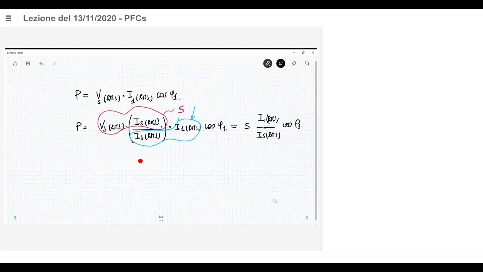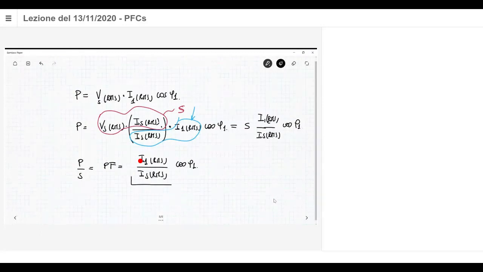Remember that P over S is the power factor. So now, in that situation, the power factor is given by the root mean square value of the fundamental component of the current over the root mean square value of the whole current multiplied by the cosine of phi1, the phase shift.